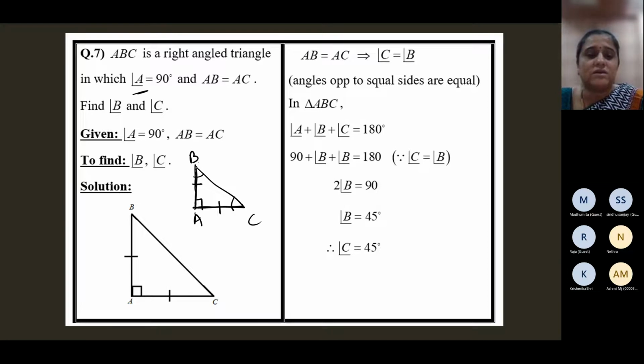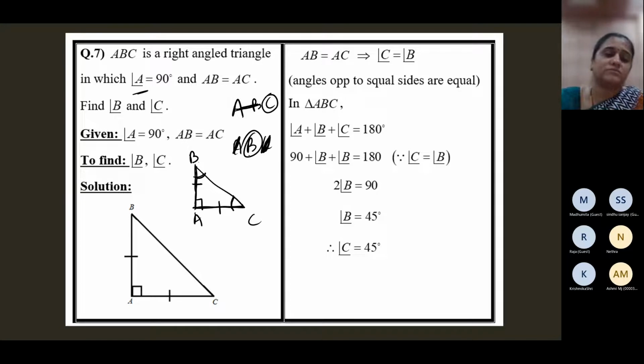Side AB, opposite is angle C. Side AC, so B is the opposite angle. So opposite to AB is angle C. Opposite to AC is angle B. So these 2 angles will be equal.